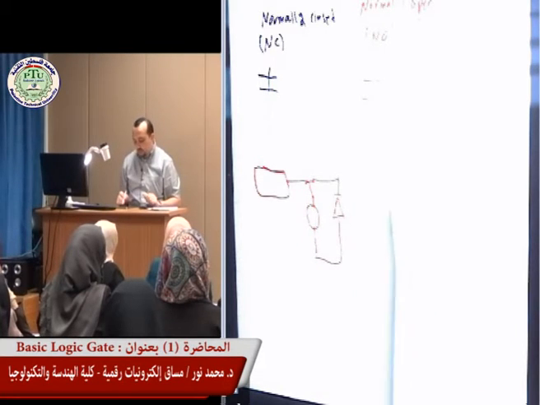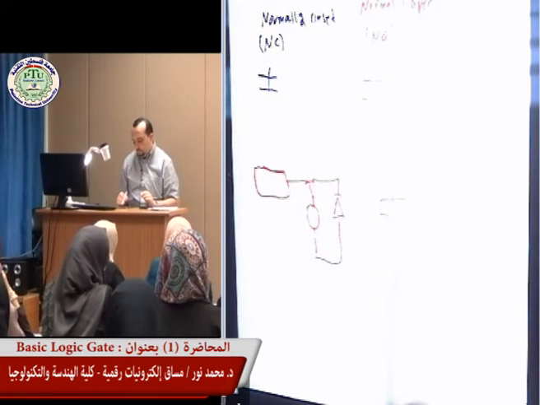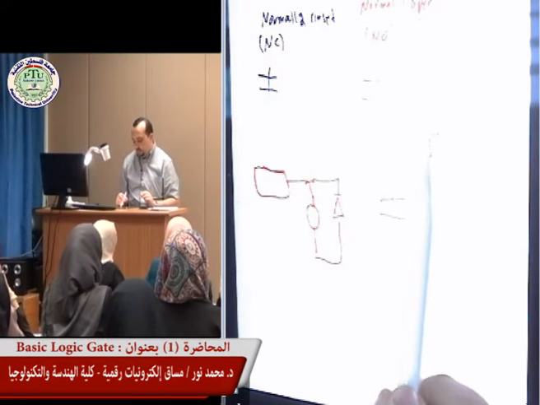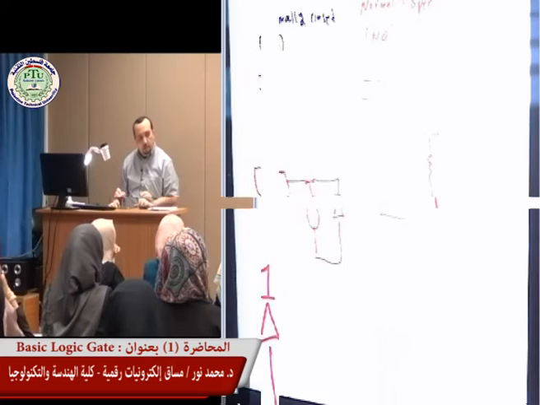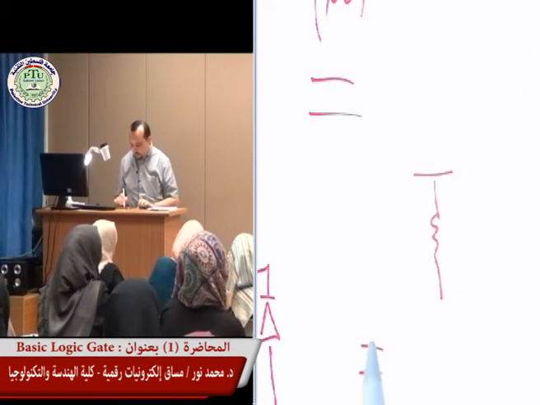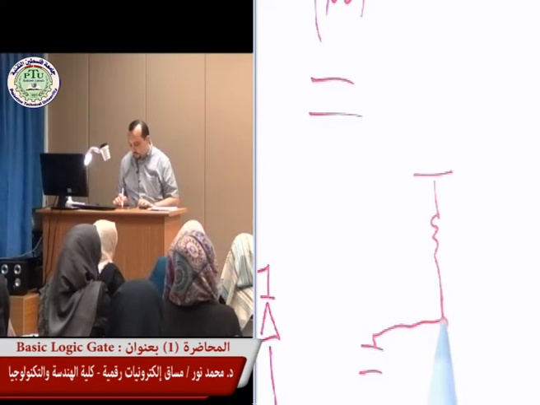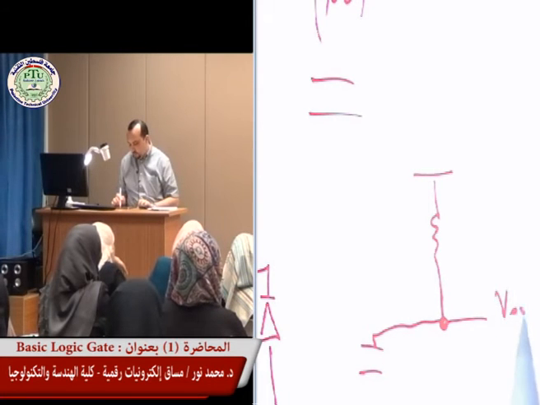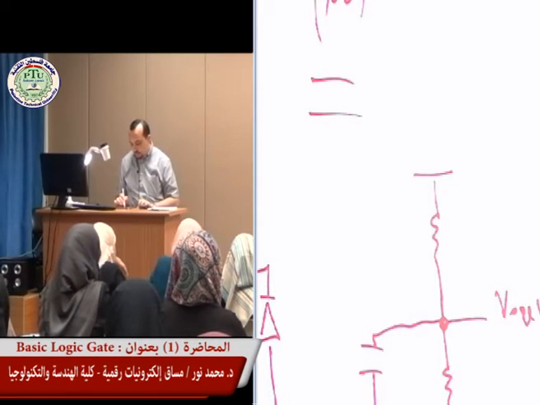So now here we have the real circuit, and this is what we want to analyze. So we have this, and let's say we have this resistor. So we have this relay, and it's connected to this V out. Then we have another resistor here, and we have the closed circuit there.